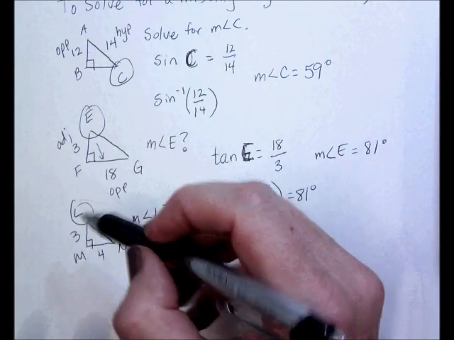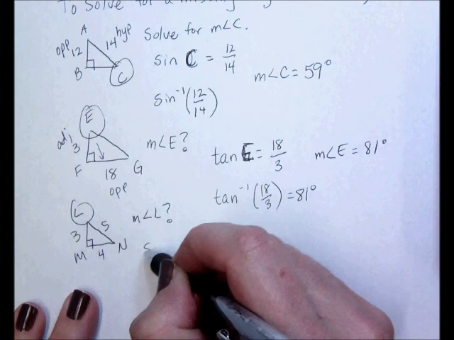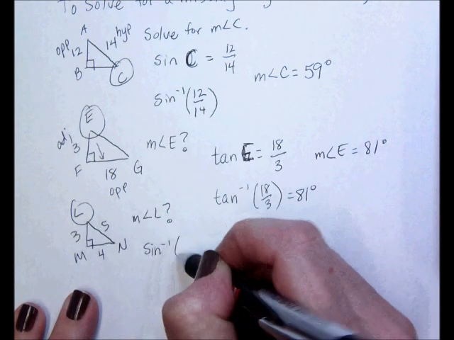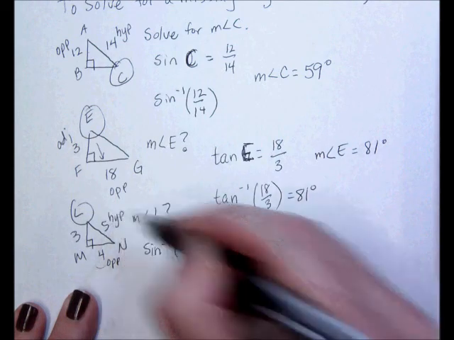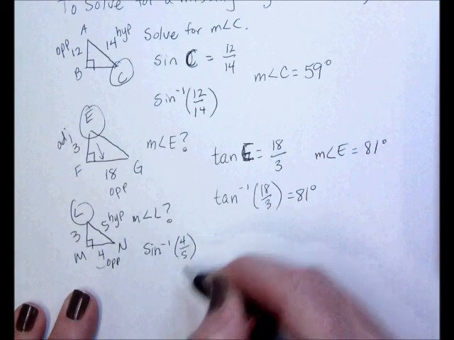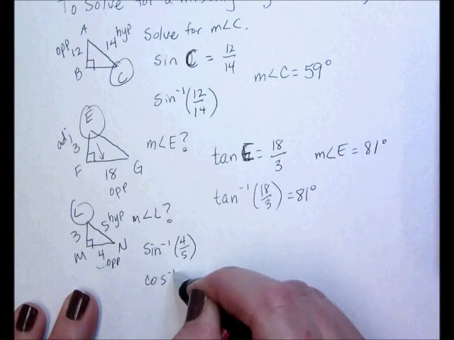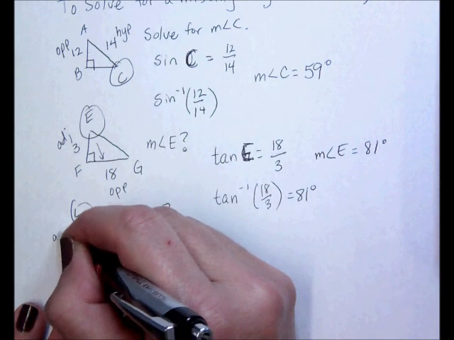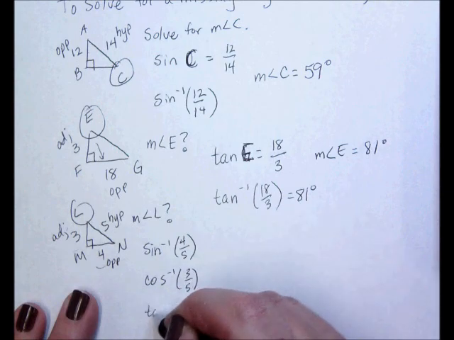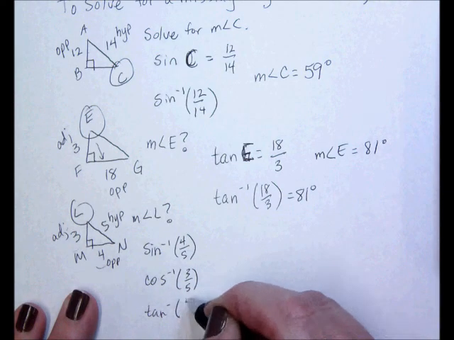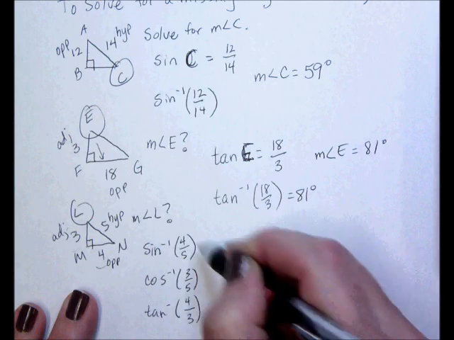I just have to make sure that if I use inverse sine, I use opposite over hypotenuse, so 4/5. Or if I do use cosine, that I do adjacent over hypotenuse. Or if I use tan, that I use opposite over adjacent.